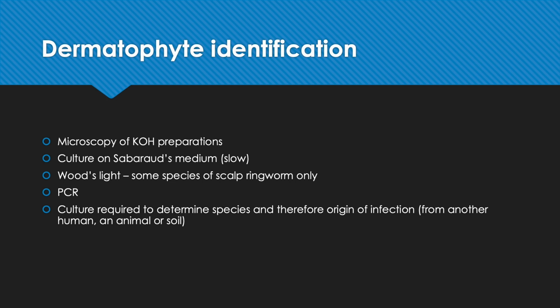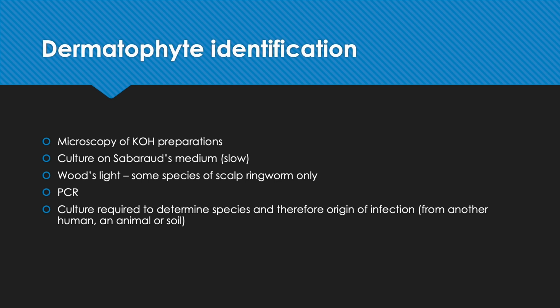And if we're lucky, we can see the hyphae that demonstrate the presence of a dermatophyte infection. We can also send scrapings off for culture on a special fungal medium called Sabouraud's medium. Fungi grow slowly, so the results of those might take up to 2 to 3 weeks.